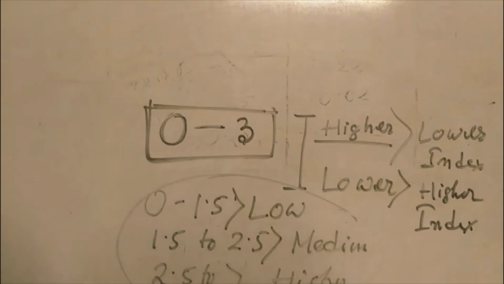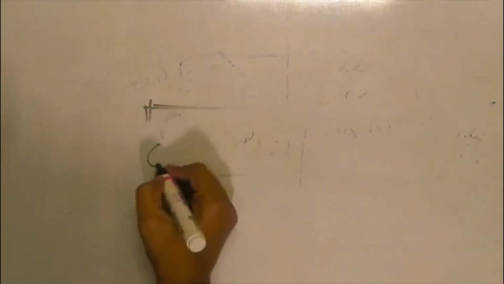And another thing: what is the Shannon index? It's a quantitative measurement of the biodiversity index, a numerical value. It's a quantitative measurement.